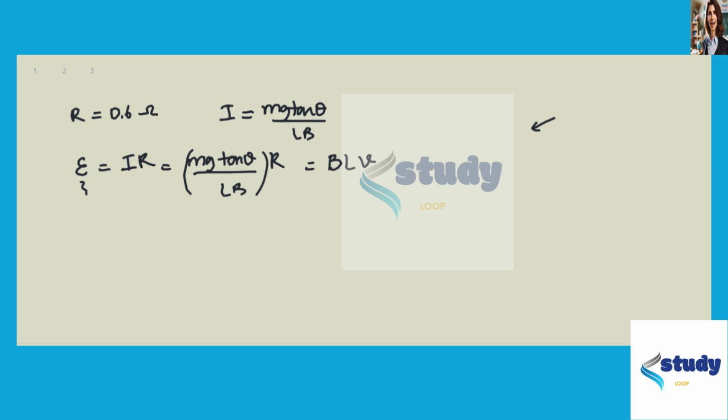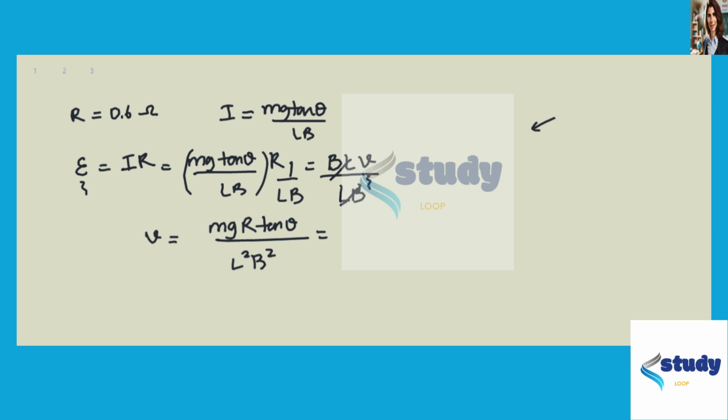Now, remember we were trying to get to the information about the velocity. So if I divide both sides by L times B, I have the velocity term. So mg R tangent theta over L times L is L squared, B times B is B squared. Then there you go. All we need to do now is plug in the numbers.